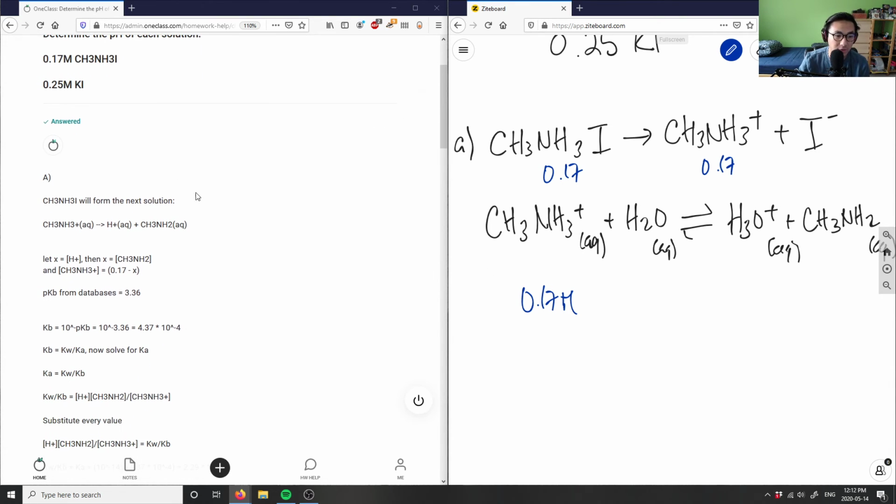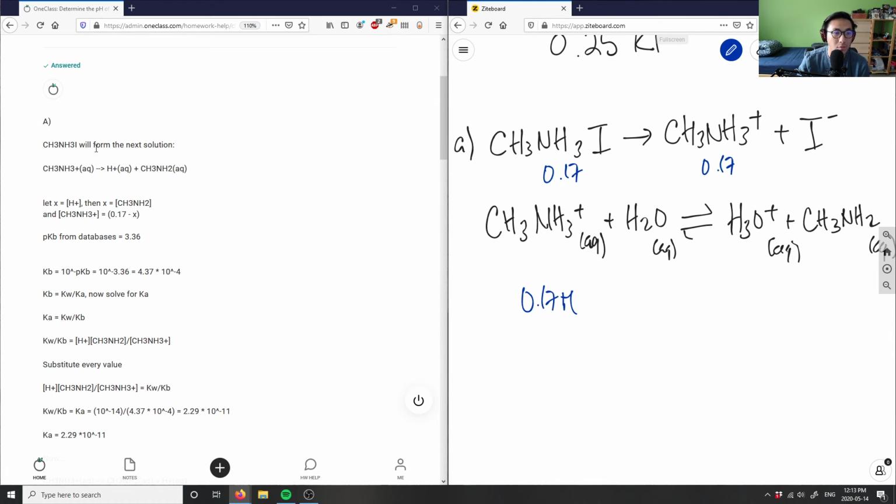As you can see from the solution here, they're doing an ice table, and they actually found a KB from databases. So let me just search it up and see if this KB is correct. Give me a second here.